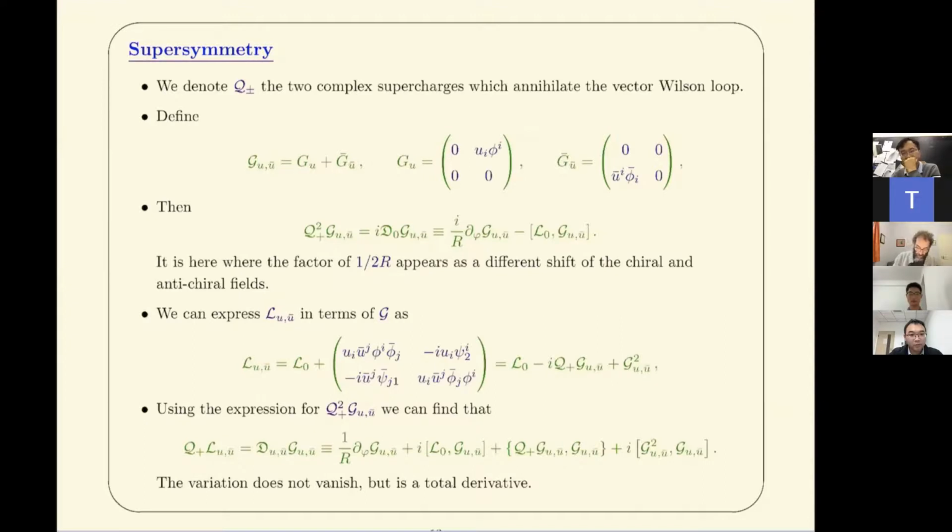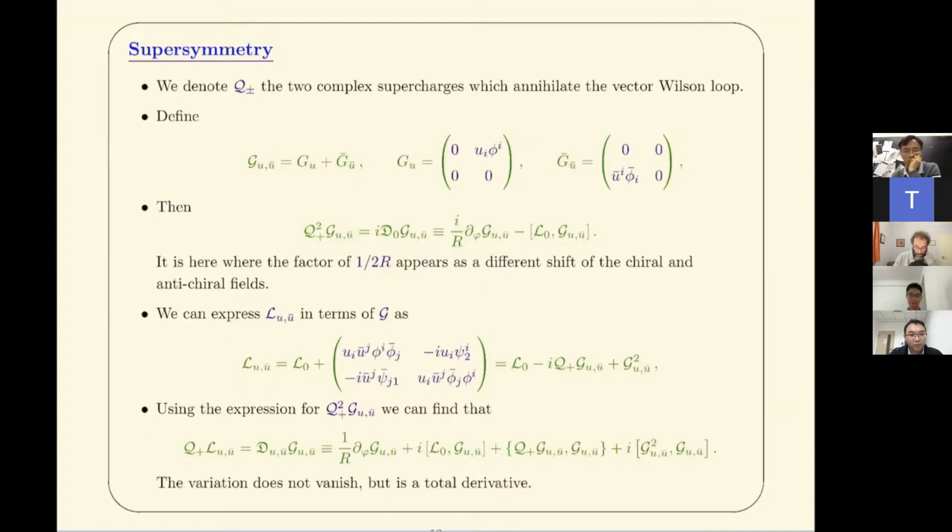Now, we can write our new connection, which I wrote before in this form, as L naught plus this curly G squared. That will give me these terms, and a single action of Q on G, which will change the phi into some fermion and the phi bar into another fermion. Now we have this relation of Q squared acting on G given here.